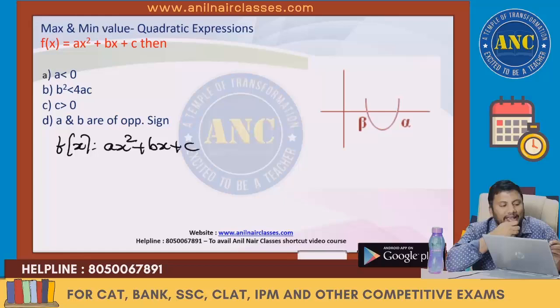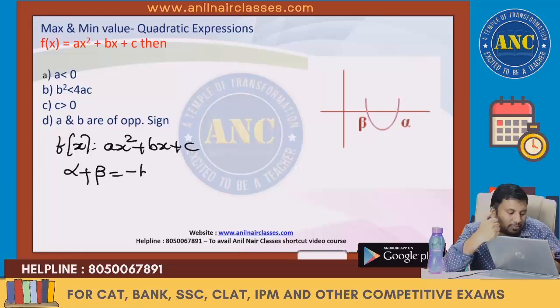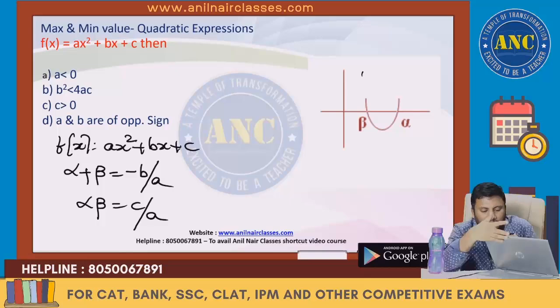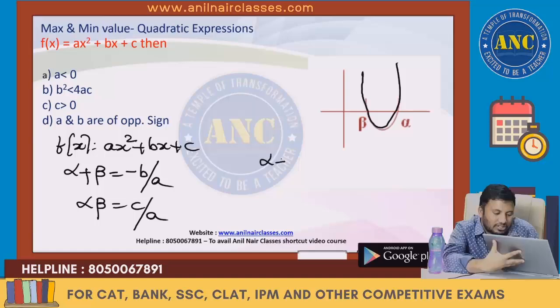We know that the sum of the roots is minus b by a and the product of the roots is c by a. The graph is like this. That means alpha is positive, beta is positive.